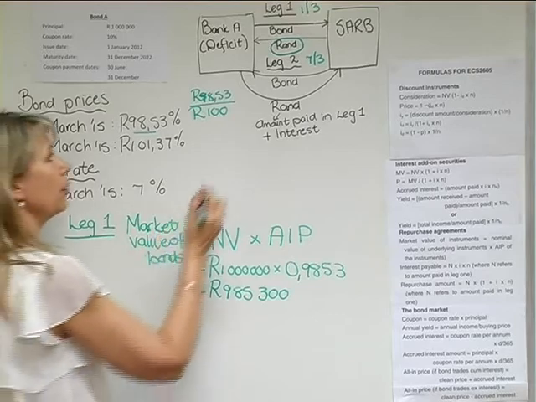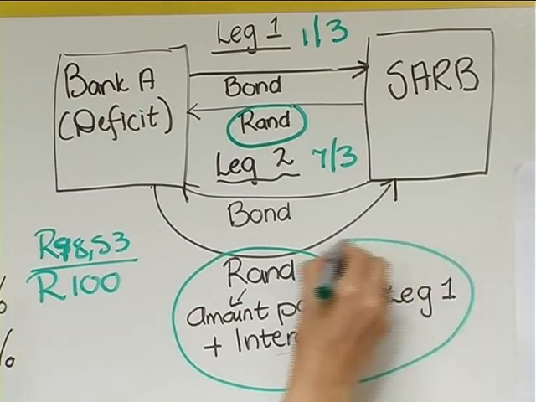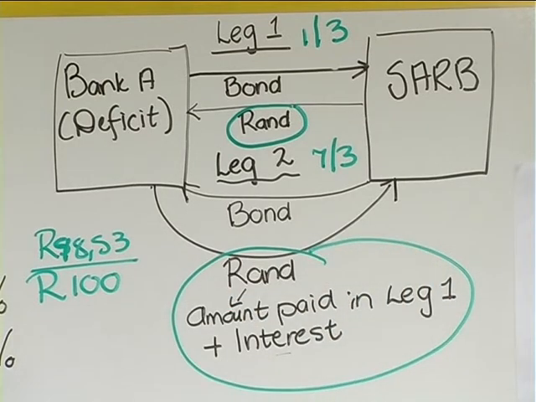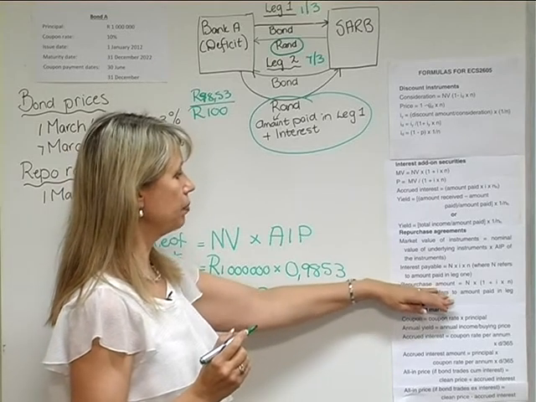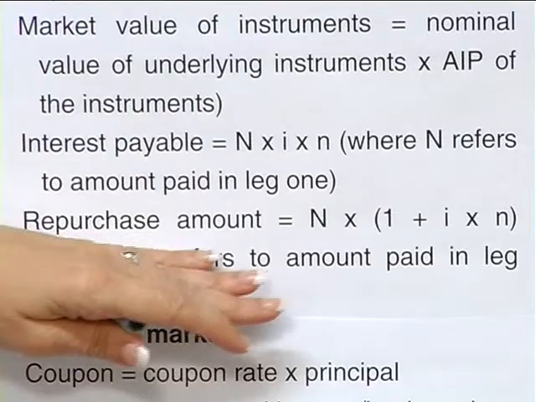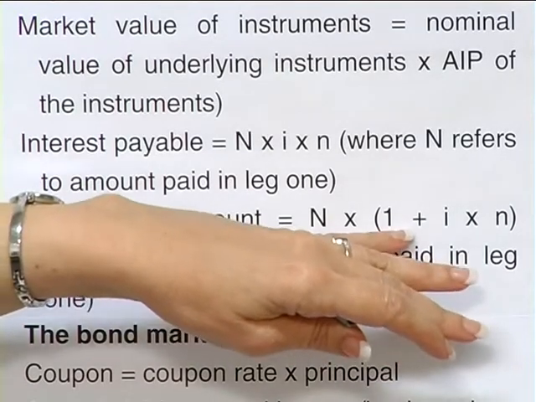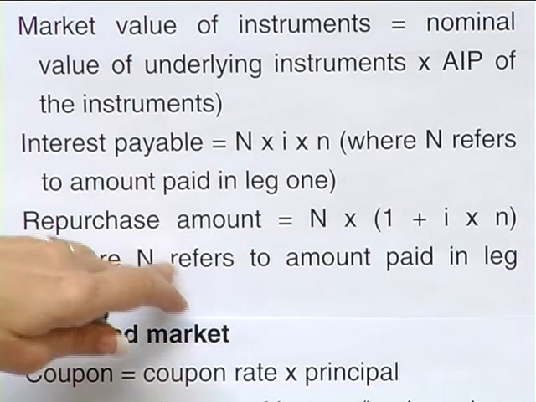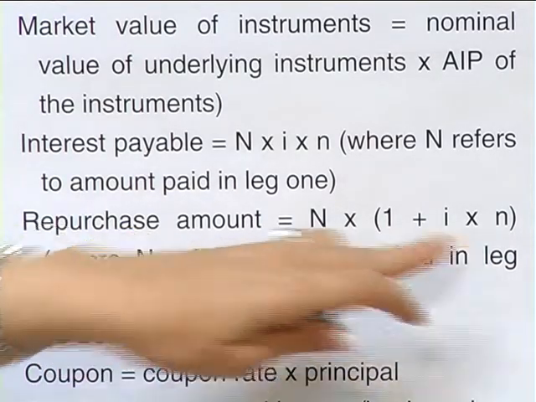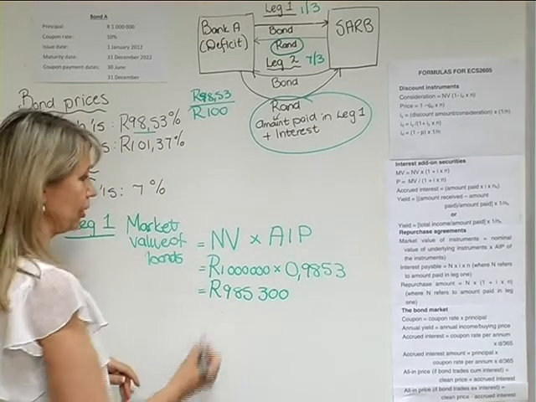Now we want to know what will be the amount that will be paid in leg 2. And you can see here the repurchase amount on the formula sheet is N times, in brackets, 1 plus I times N, where N refers to the amount paid in leg 1, so to this 985,300 Rand.